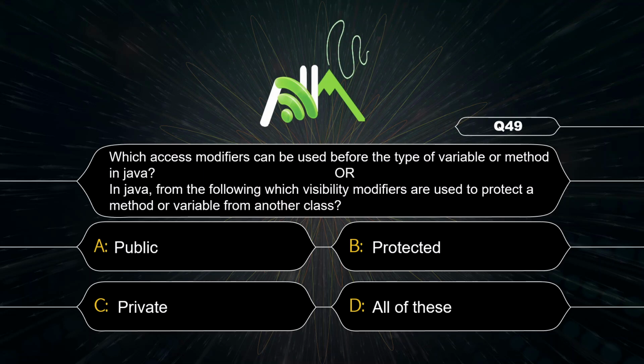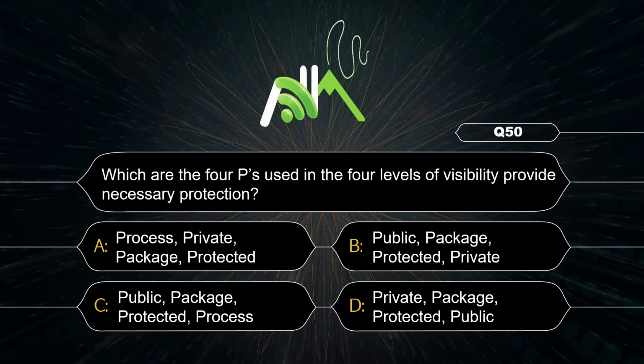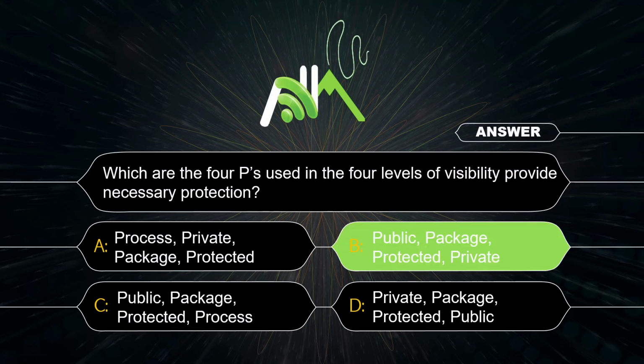Which visibility modifiers are used to protect a method or variable from another class? So we have public, protected, private and package also. All of these are the correct answer here. Which are the 4 Ps used in the 4 levels of visibility that provide necessary protection? So the correct answer is B, public, package, protected, private.